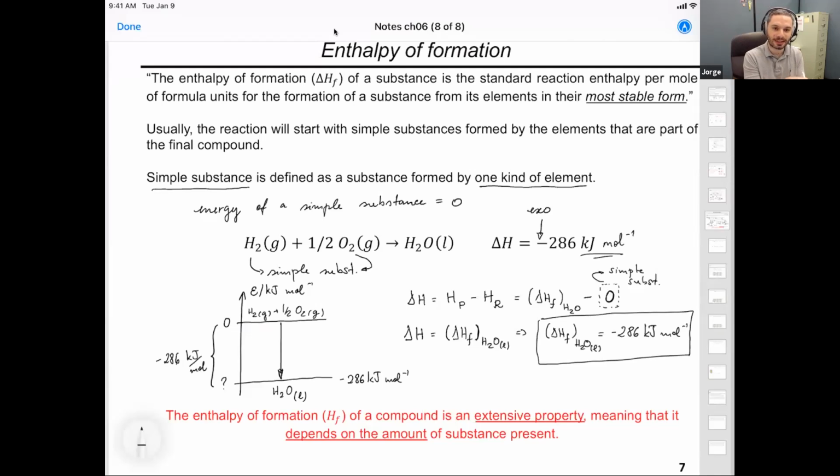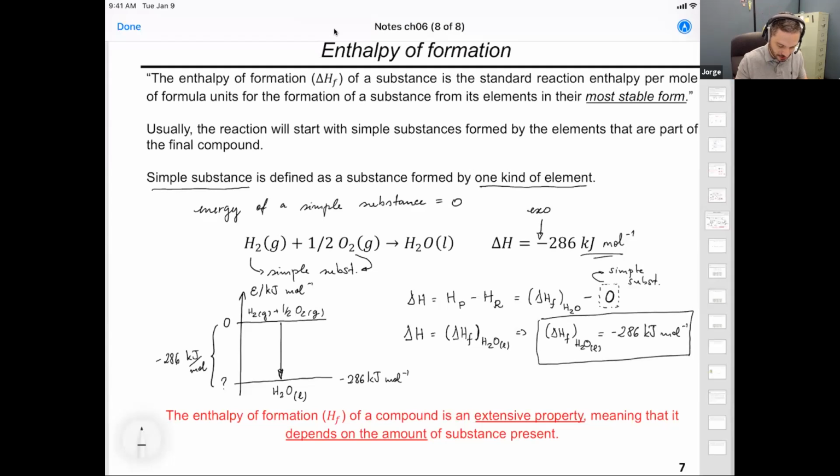Remember here that a simple substance always has energy equal to zero by definition. If you start building first the energy diagram, looking at what you have, then the next step is to determine the enthalpy of formation of your product, which is going to be a complex substance.